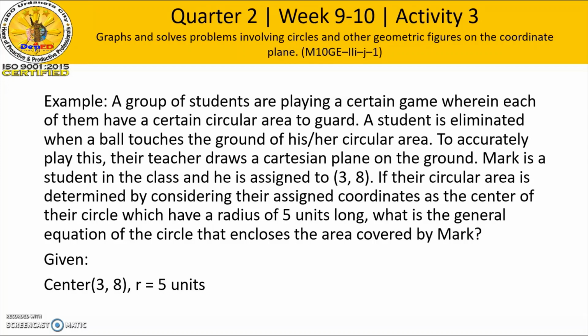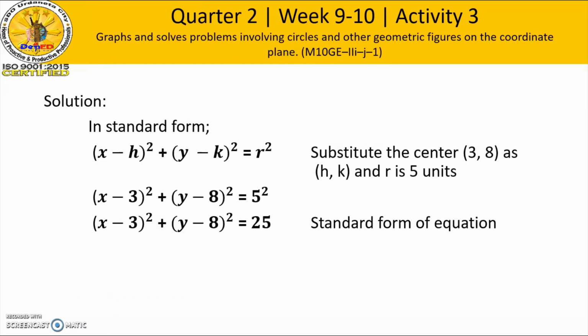So the givens in this problem are the center at point (3, 8) and the radius of 5 units. For our solution, we have first the standard form of a circle: (x - h)² + (y - k)² = r².